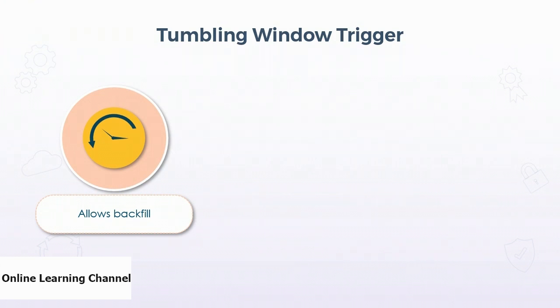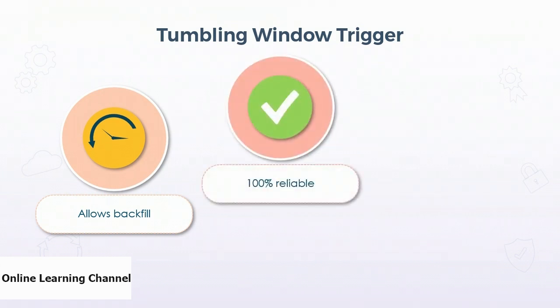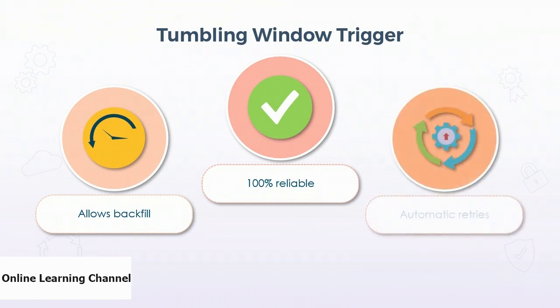Unlike the schedule trigger, which can have some error in when it triggers, the tumbling window trigger is 100% reliable and accurate in how it manages its time windows. And the tumbling window trigger can be configured to automatically retry time windows upon failure. Tumbling window triggers are ideal for pipelines that are very time sensitive and need reliability in their runs.